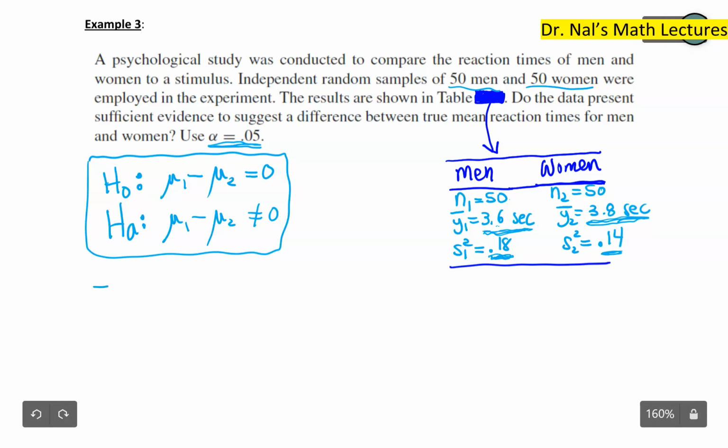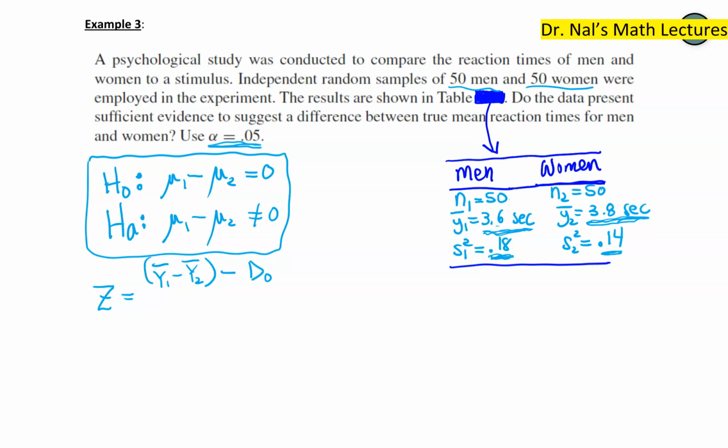Okay, let's go ahead and write the test statistic. Z is equal to, like we said, y1 bar minus y2 bar minus the initial difference. We can call it d0, or you can call it mu1 of 0 minus mu2 of 0. So I just call it d0 here. d0 in a sense is this number given here.